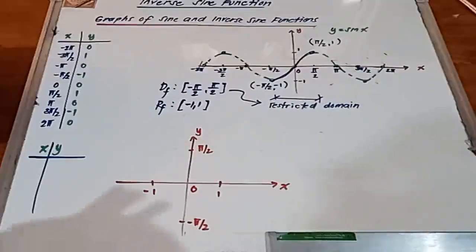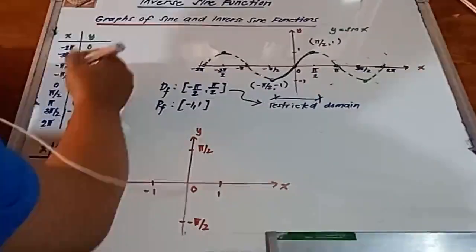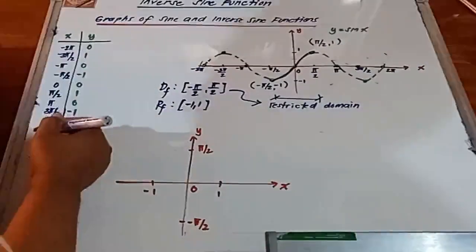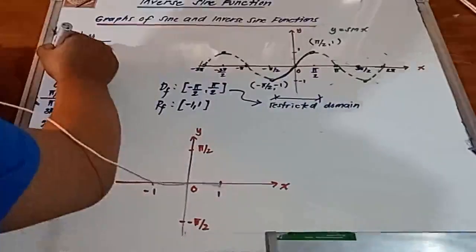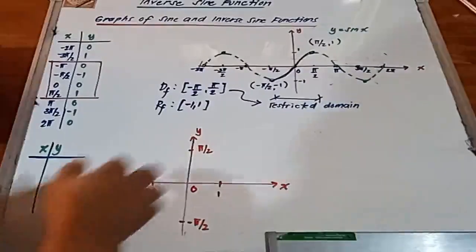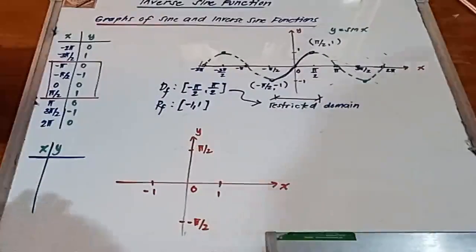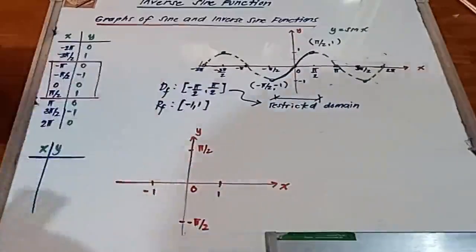Okay. Now, kung ito ang domain natin, we're just going to consider yung set of points na to. Okay? So, sabi natin, kapag ang domain of the function f is -pi/2, pi/2, yun naman ang equivalent range ng ating inverse function.